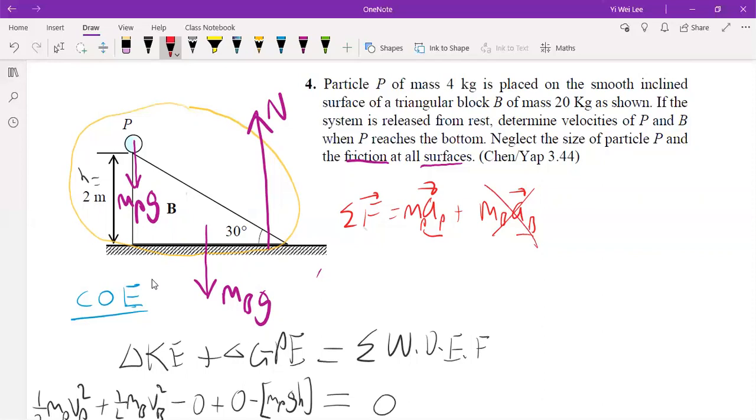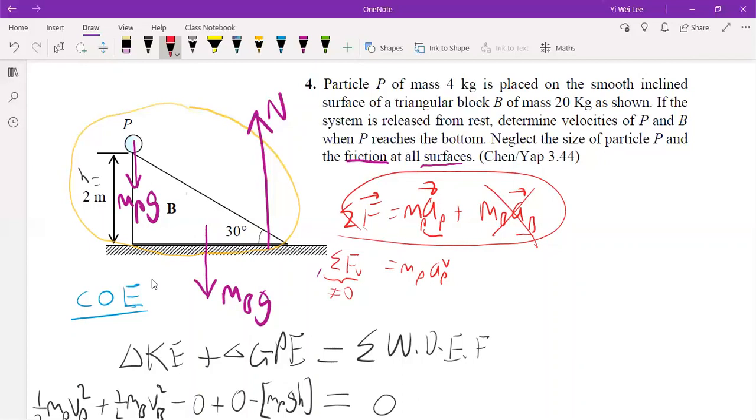If you were to resolve this equation horizontally and vertically, m_P a_P vertical wouldn't be zero. If this is non-zero, it means that the summation of F vertical is also non-zero.